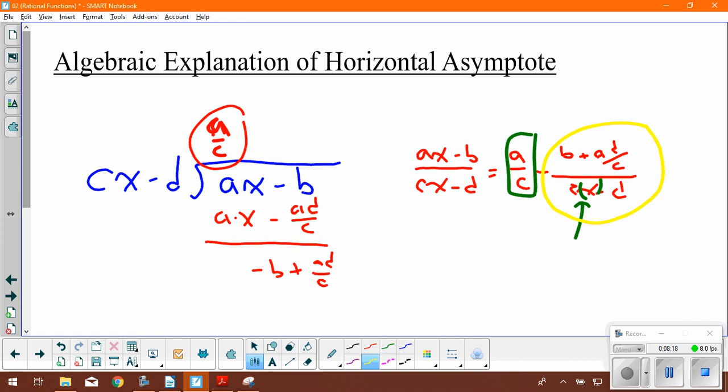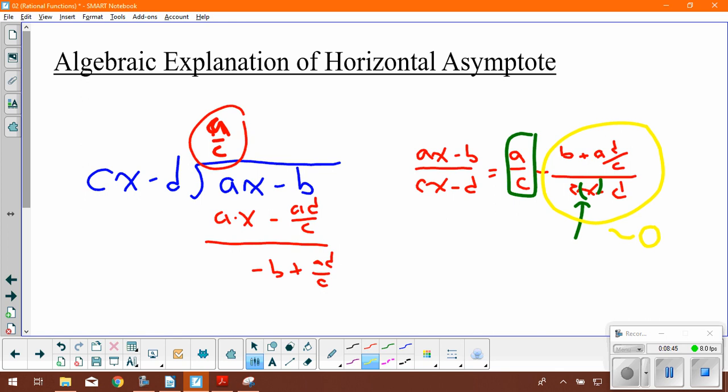Okay, and the top, which is all constants from the original equation, that's not going to change at all. So you have a number being divided by an increasingly huge number. So this part that I highlighted in yellow, that's going to tend to 0 as x gets really, really big, and therefore disappear. Okay, so that's why a over c is our horizontal asymptote.